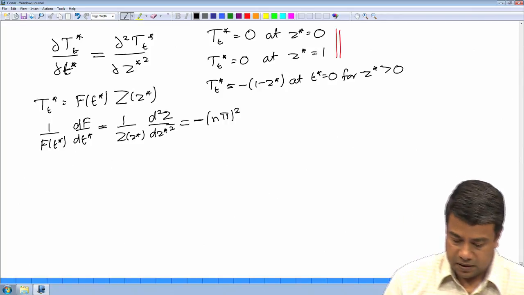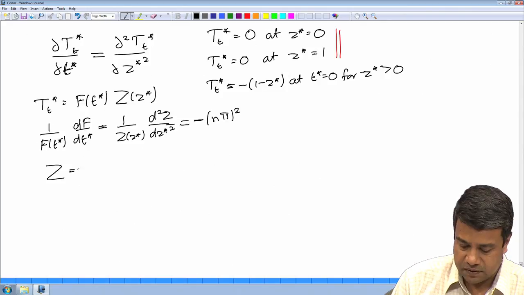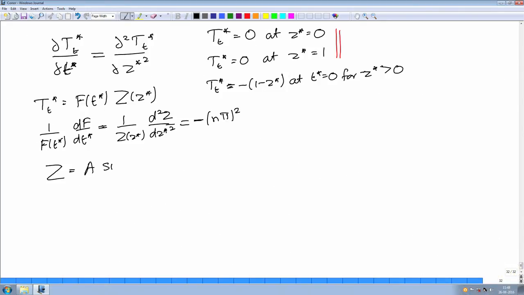In that case, the non-trivial solution for Z is a sine of n pi z star. The non-trivial solution for T is e power minus n pi the whole square t star. Only then do you get a non-trivial solution.